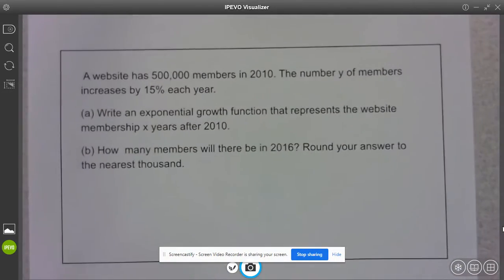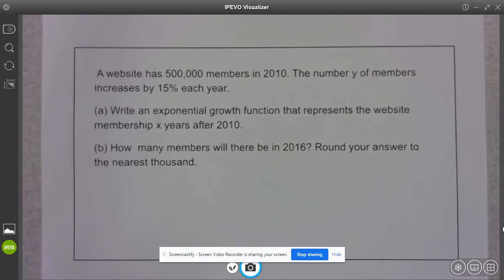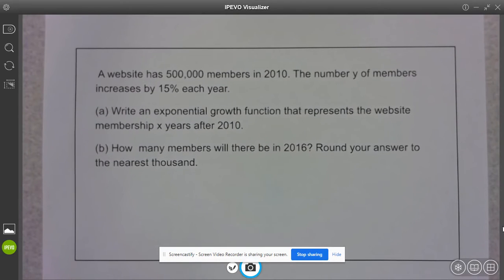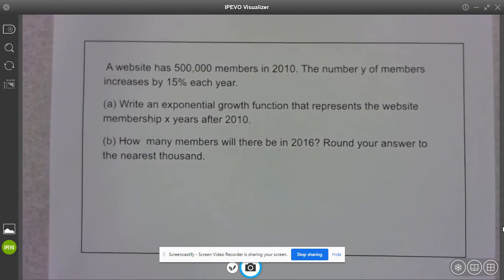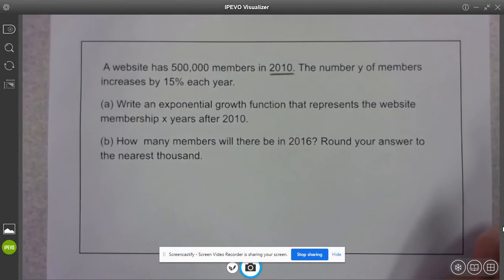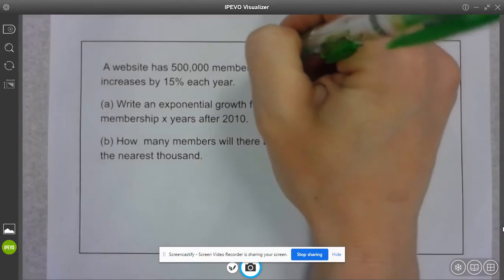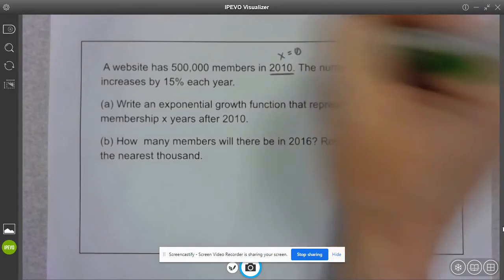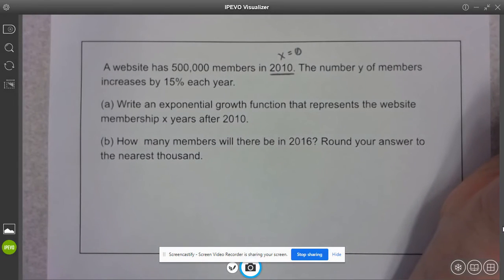We have 2 more. The website has 500,000 members in 2010, and the number of members increases by 15% each year. So since that's the beginning, this is going to be represented by X equals 0.